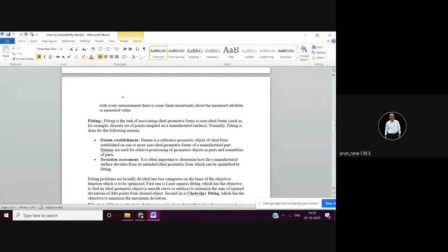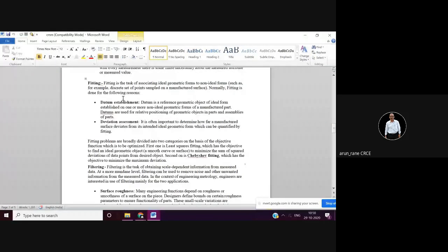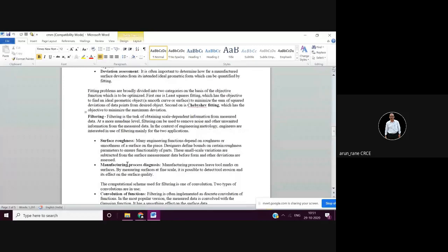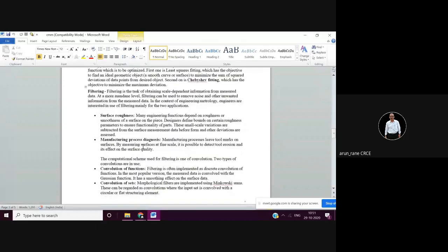Then it also gives you a report about deviations. It will assess the deviation. You can measure surface roughness and surface finish. It also helps you to diagnose your manufacturing process.